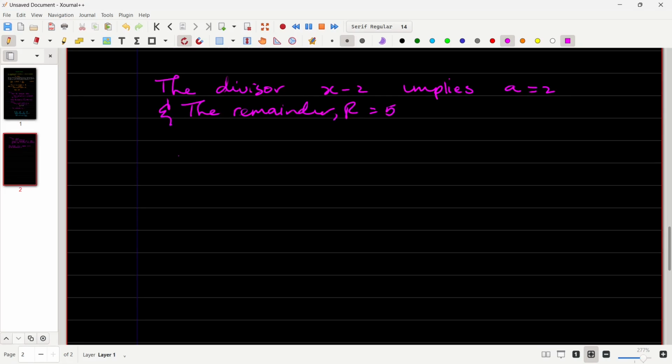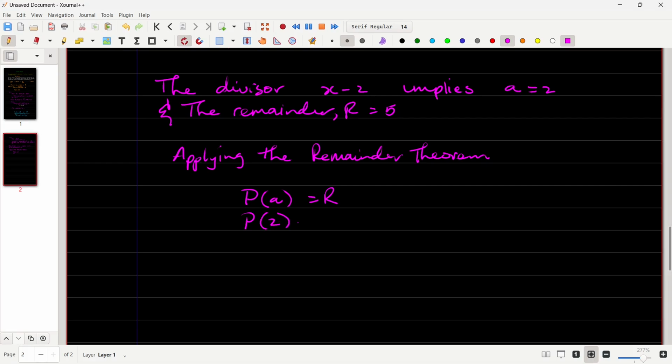Next, I'm going to apply the remainder theorem. Applying the remainder theorem, I know that p evaluated at a is going to be equal to my remainder. So that means p evaluated at 2 is going to give me 5.